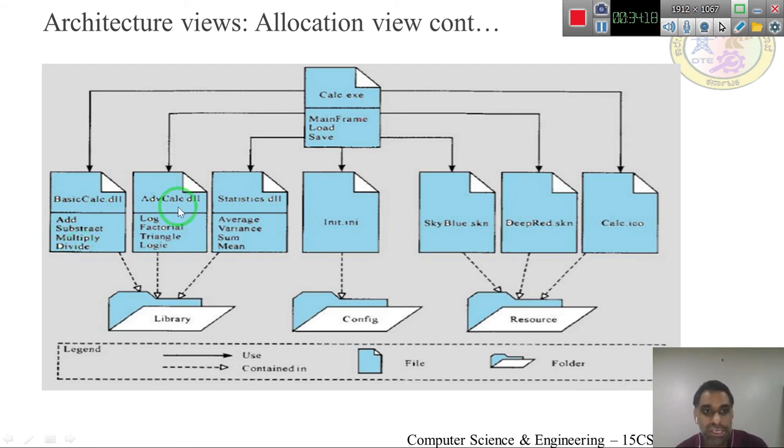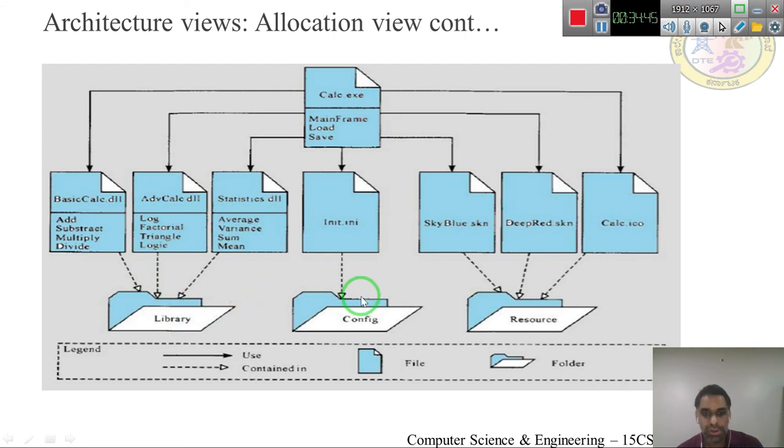Then advanced calculation, which would support some advanced operations like logarithmic, factorial, triangle or logic. Then the statistics binary, which would help you to compute average or to calculate the variance, sum, mean, etc. Okay, so all these three modules would be in the library folder.